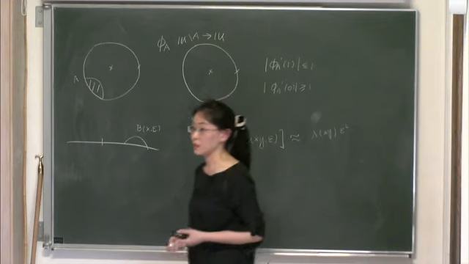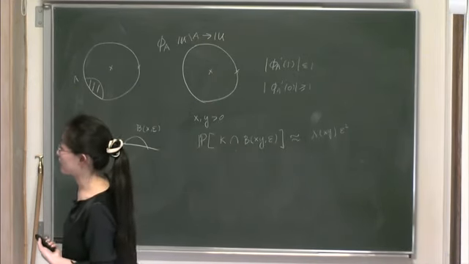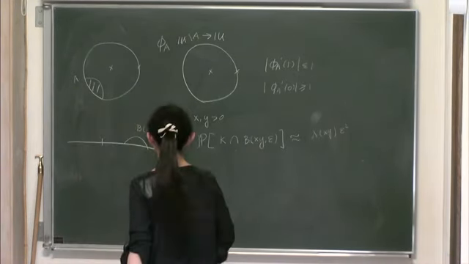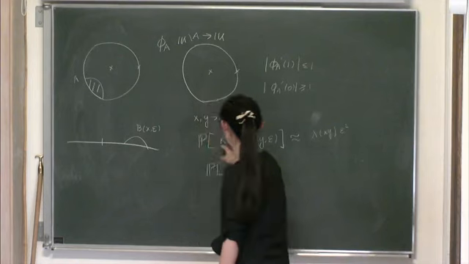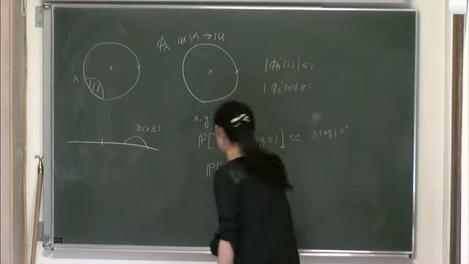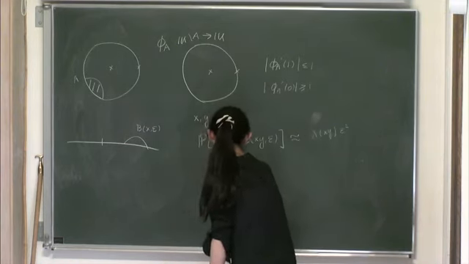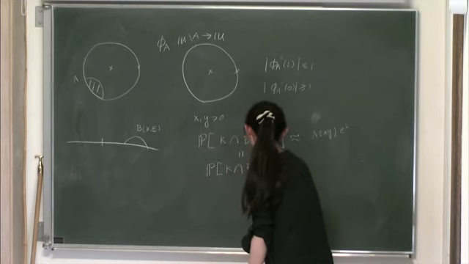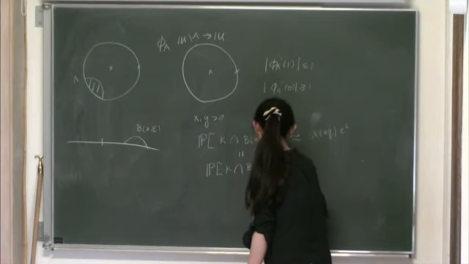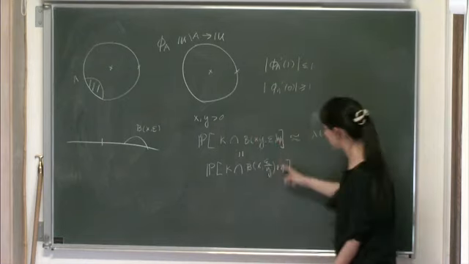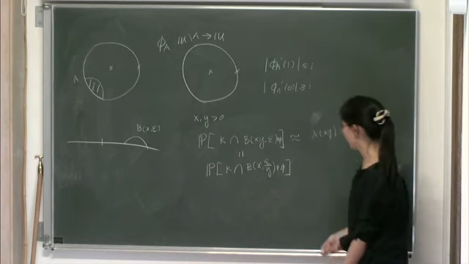On the other hand, we know that this random set is scale invariant. So this probability also equals the probability that, if we normalize everything by y, from here to here is the scale invariance.